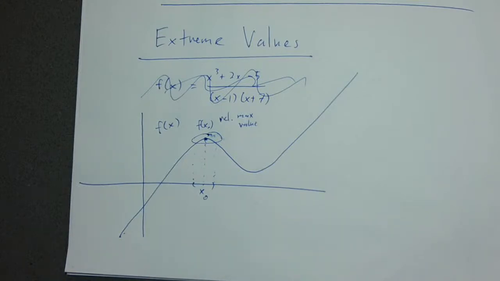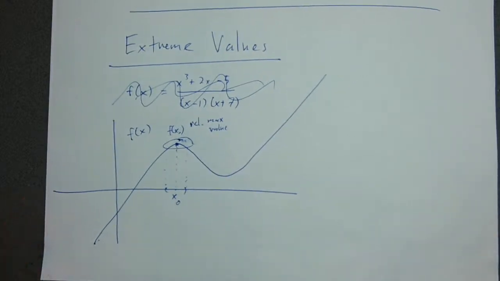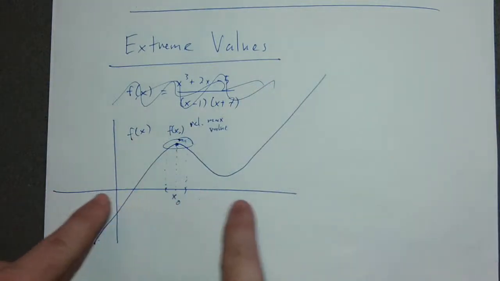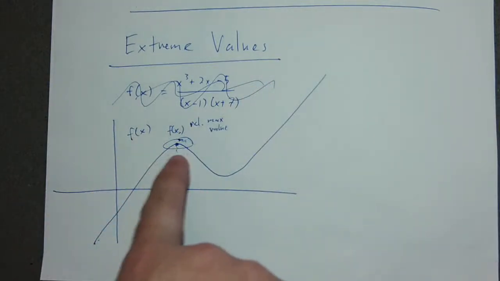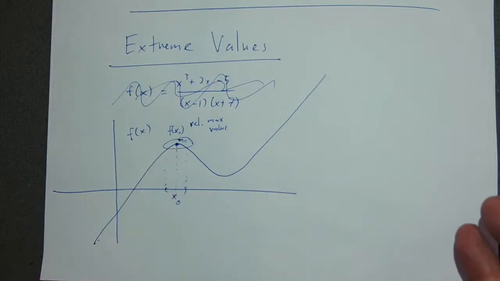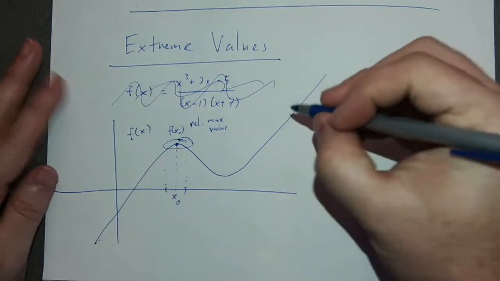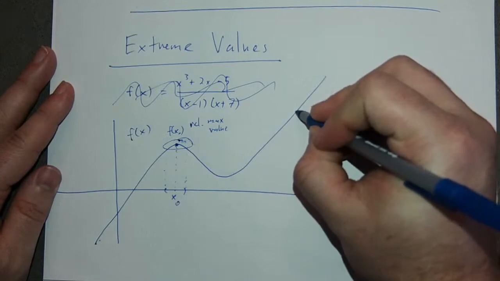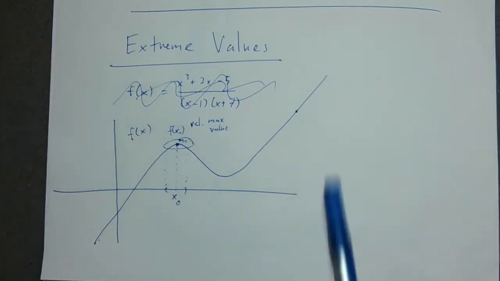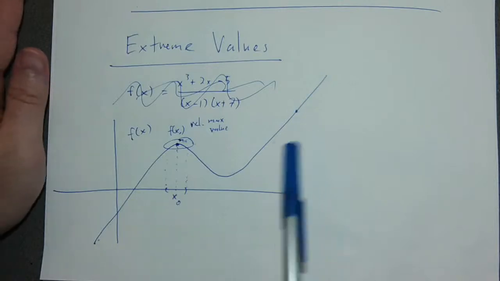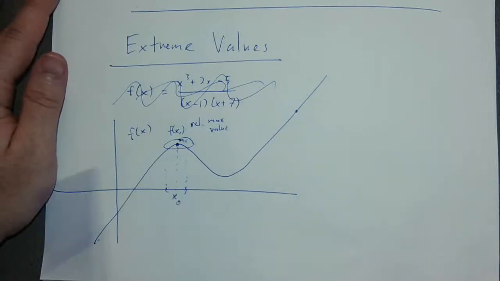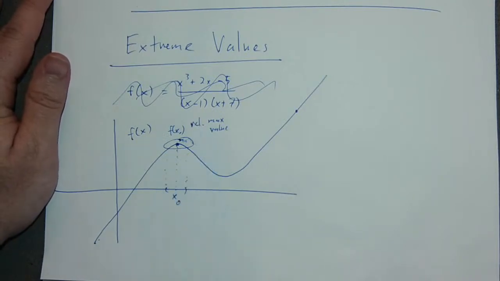Local can be a nicer word because as I make this window bigger and bigger, this is no longer going to be a maximum. If I make the window big enough, I'm eventually going to include a point like that, which is clearly higher than this value. And so it's not an absolute max or a global max, it's a relative max or a local max.